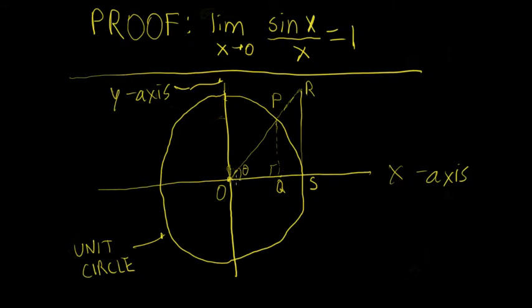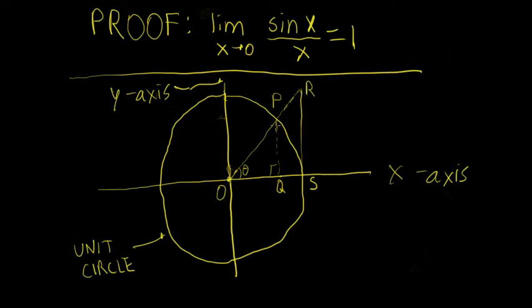So we have right triangle OPQ, with O being on the origin, P being on the unit circle, and Q is the perpendicular dropped from point P, which lies on the unit circle, to Q, which lies on the x-axis. So we have right triangle OPQ.